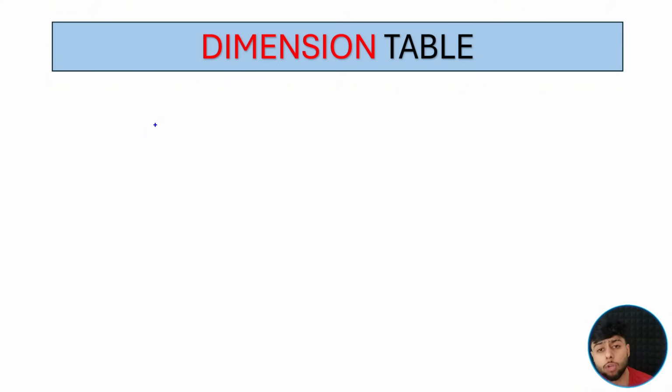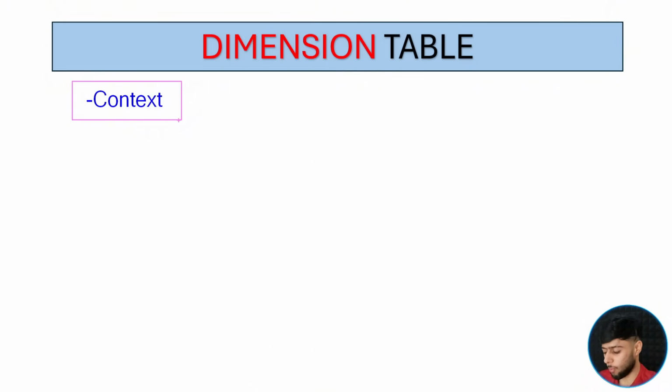So what goes to the dimension tables? It only holds the context. So it will only hold the context of the column or context of the table. Let me make it very clear.